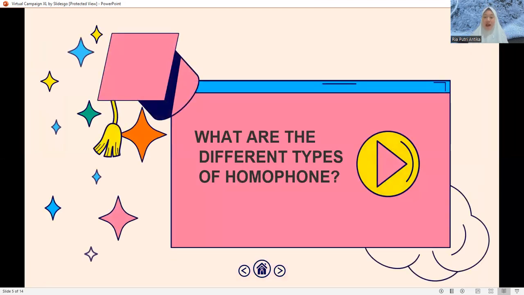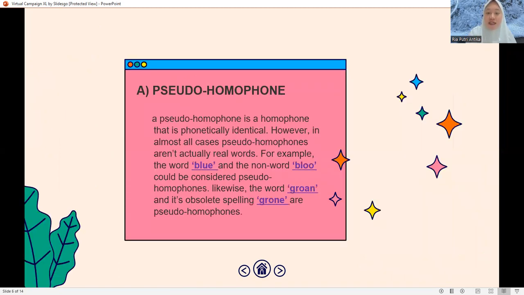And now, what are the different types of homophones? Homophones actually have three different types. While we have gained a useful homophone definition, and we have seen lots of examples previously, you might not know that there are different kinds of homophones. Let's have a look right now.